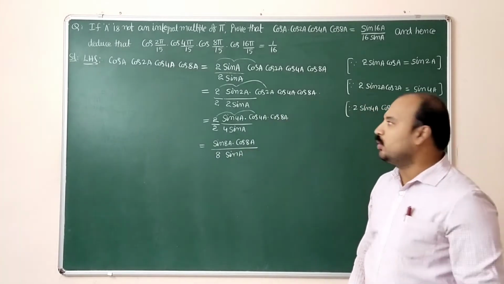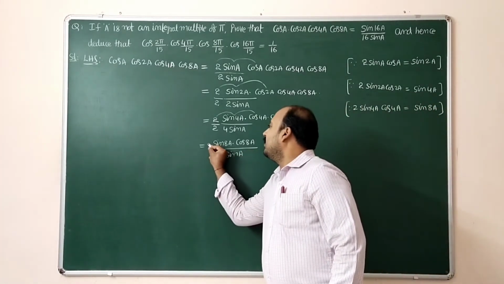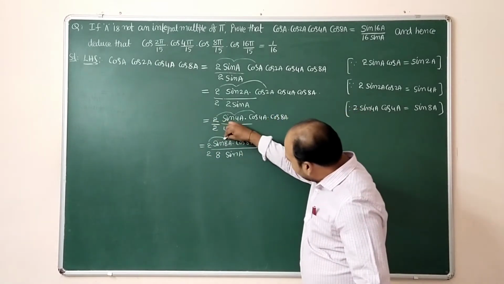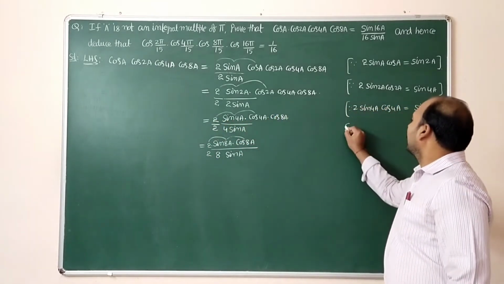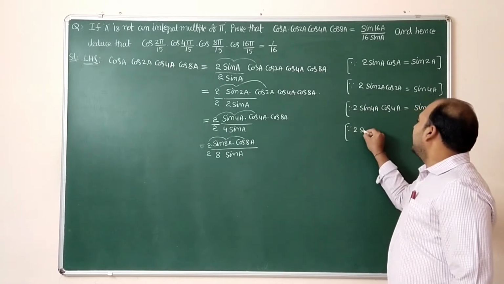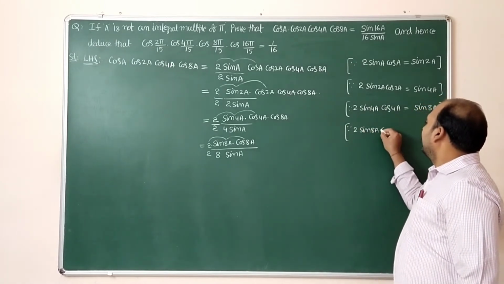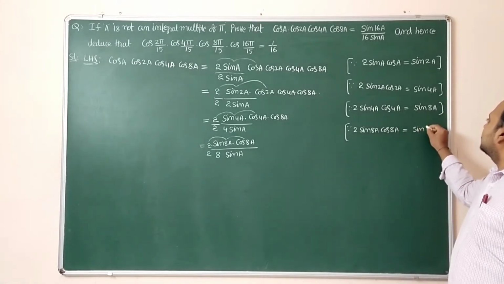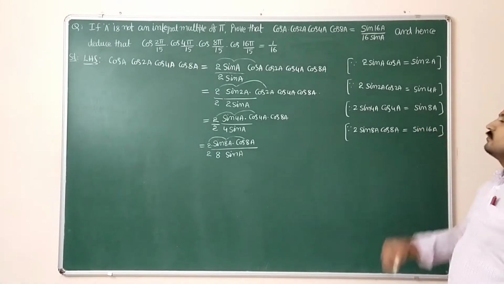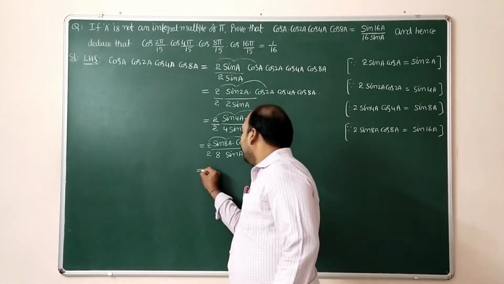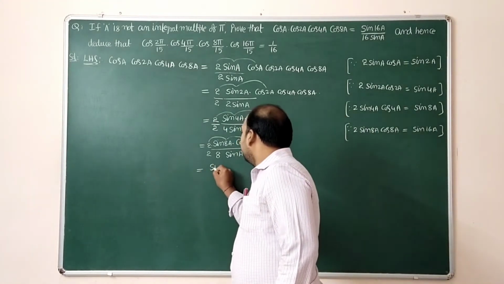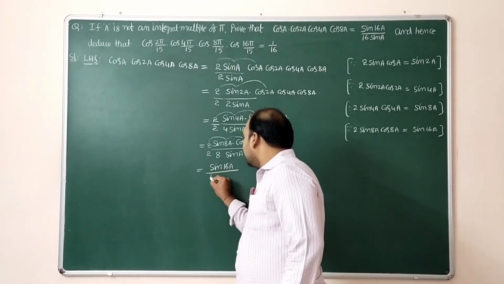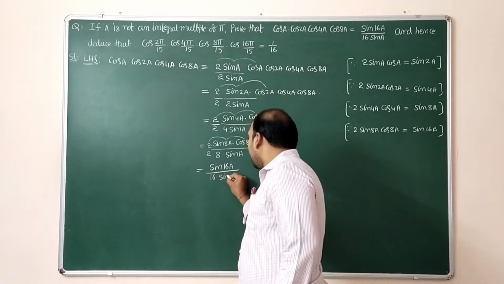Again what we have to do? Again multiplying and dividing by 2 to get the formula form 2 sin 8A cos 8A. 2 sin 8A cos 8A is the formula for sin 16A, double angle. So it equals sin 16A divided by 2 to the 16 into sin A. That's what they are asking to prove.